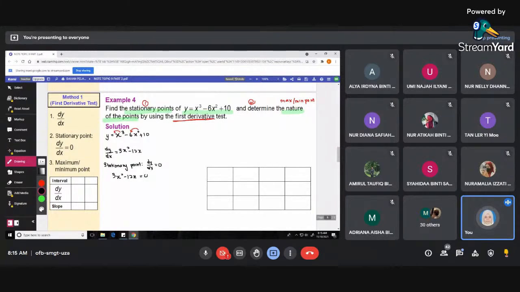Rewrite the dy dx and equate with 0. Now, we want to find stationary point, which is a coordinate x and y. What we are going to do, we need to factorize. Check 3 and 12. What's the common factor of 3 and 12? 3.